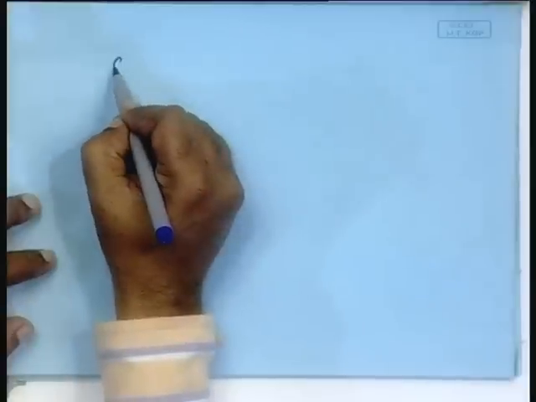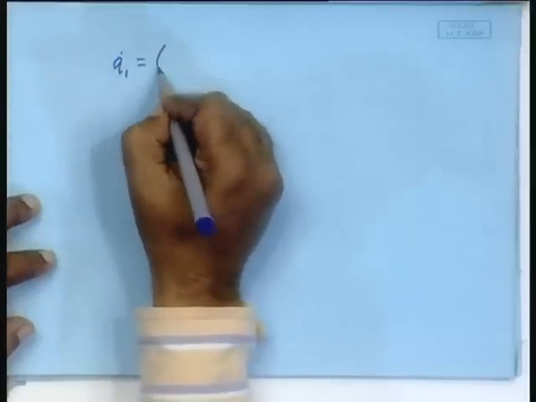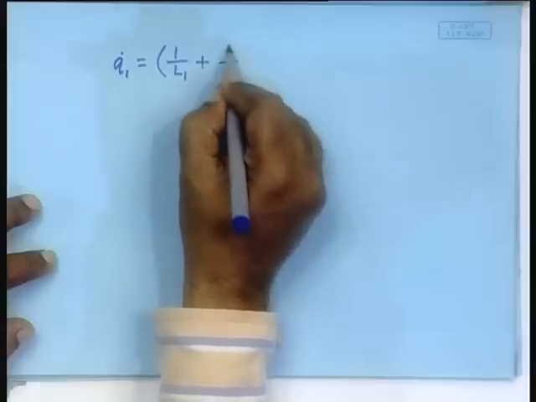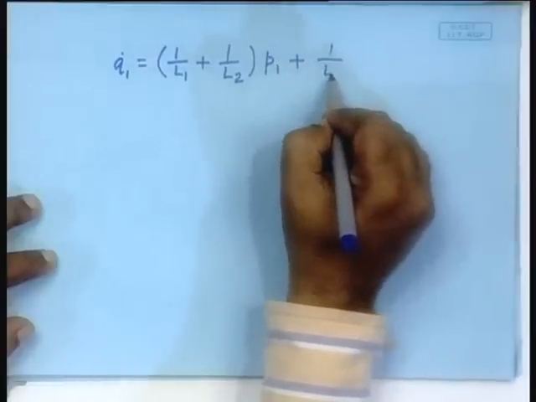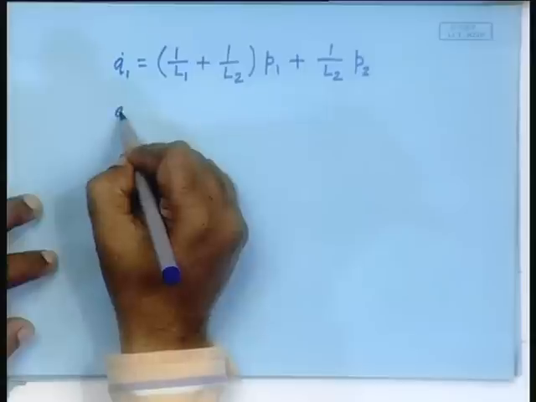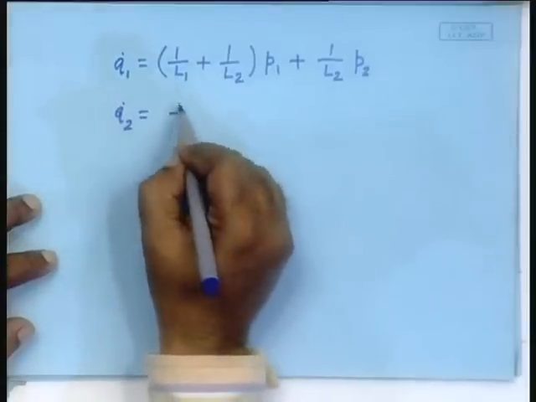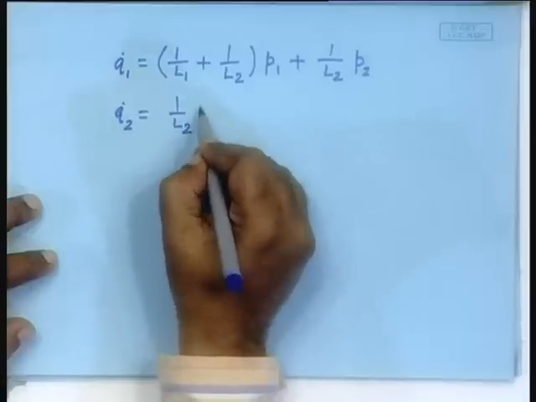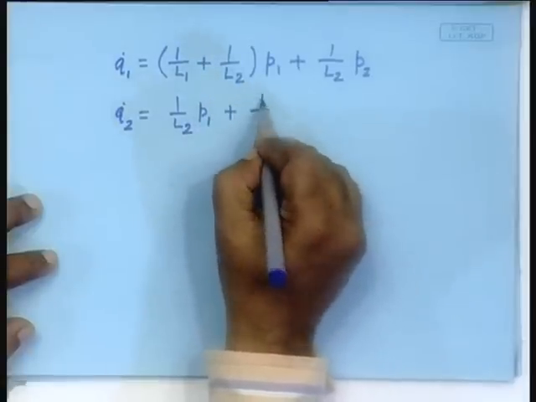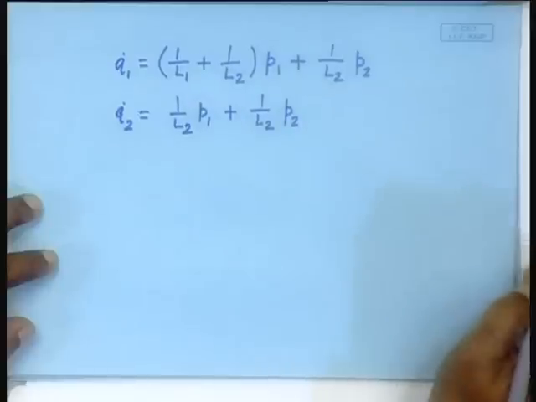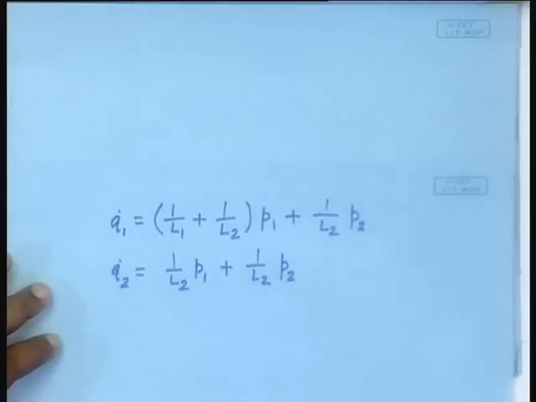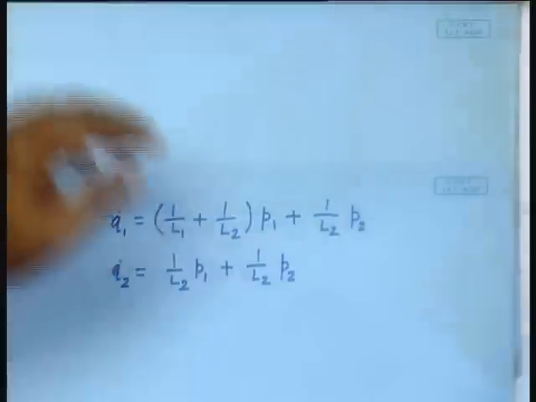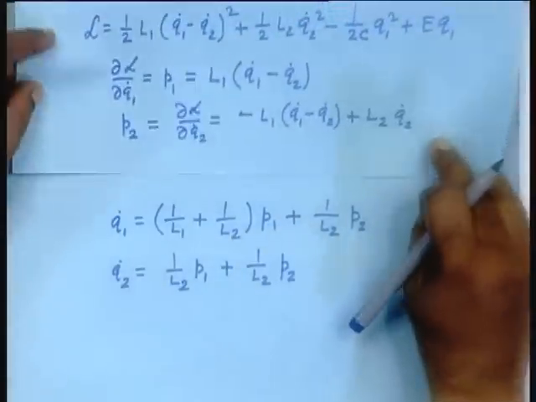So, you will get q1 dot is equal to (1 by L1 plus 1 by L2) p1 plus 1 by L2 p2, and q2 dot is equal to 1 by L2 p1 plus 1 by L2 p2. Check.